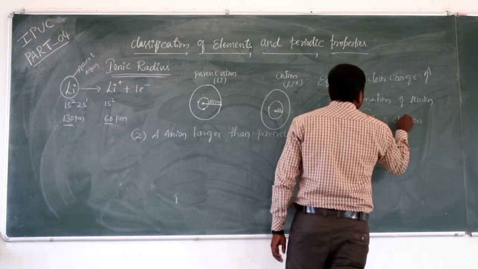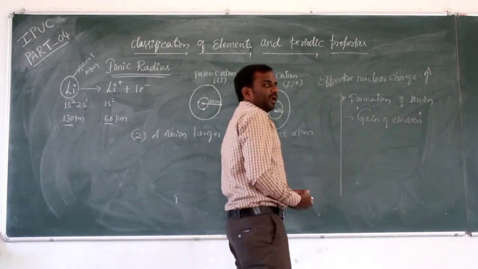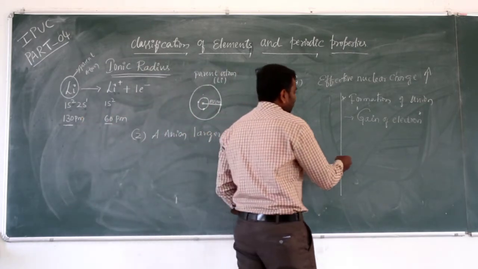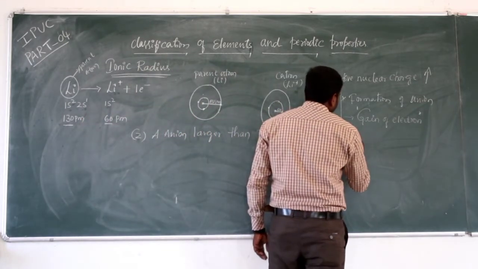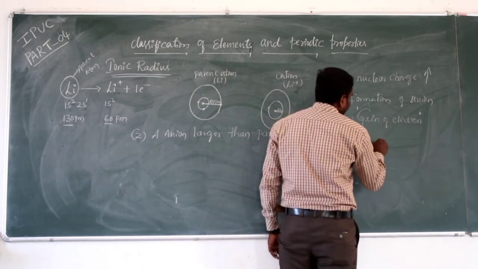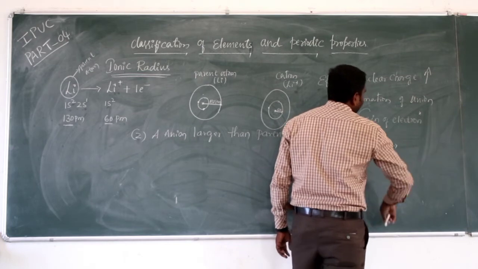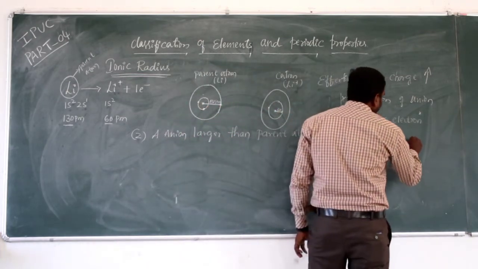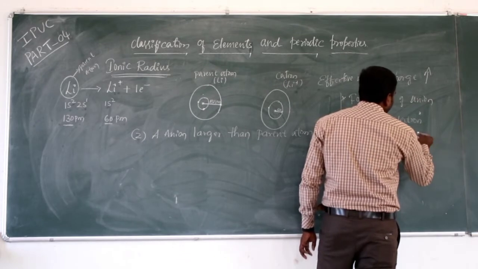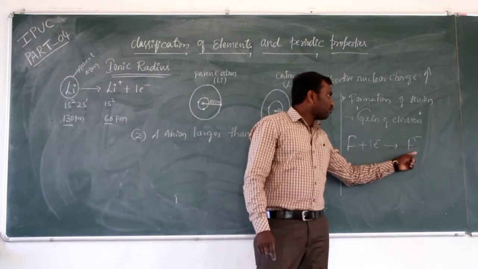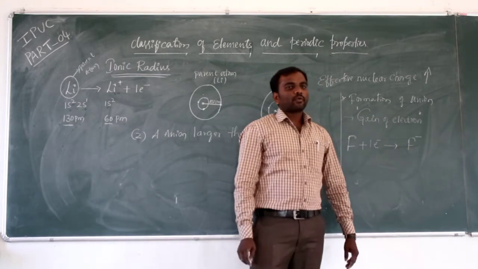Electron gain ಮಾಡೋದ್ರ ಮುಖಾಂತರ ಏನಾಗುತ್ತೆ to form an anion, right? See, for example, F means fluorine. This fluorine gains one electron from other atoms, right? To form a fluoride ion. This is the example for formation of anion.